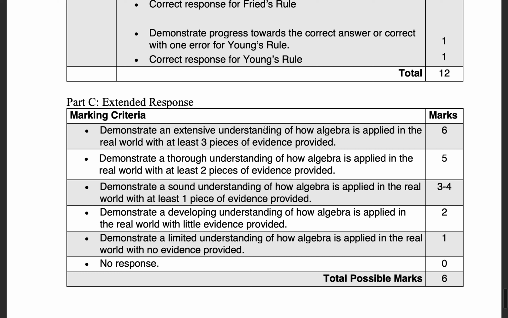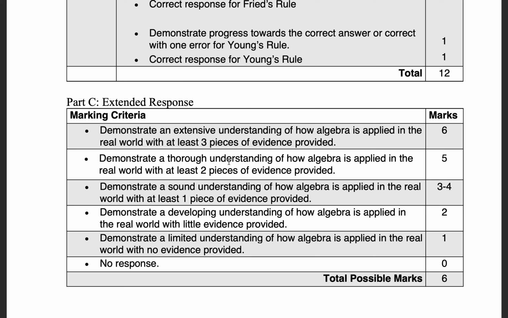For part C, it's a slightly different marking criteria. It's similar to what you would experience in English or religion, and that is the better your writing, the more marks you will get for it. And what we mean by better writing is that you have an extensive understanding, essentially an A response, of how algebra is applied in the real world, and you need to have at least 3 pieces of evidence. So that's 3 paragraphs, 3 pieces of evidence. If you were to get in this 5 mark range, you need to have at least 2.